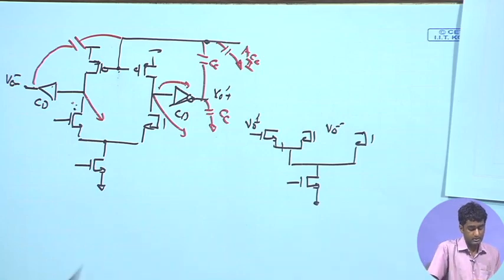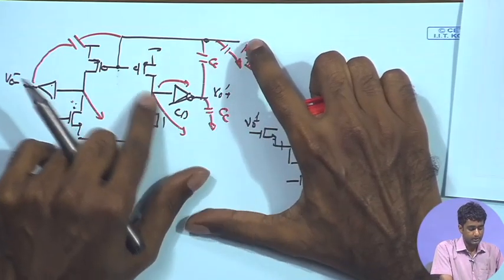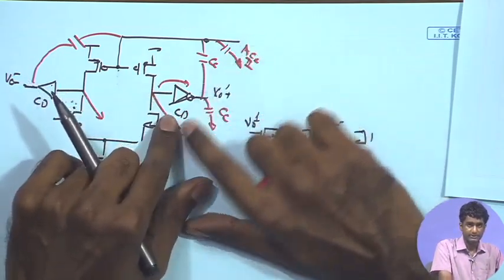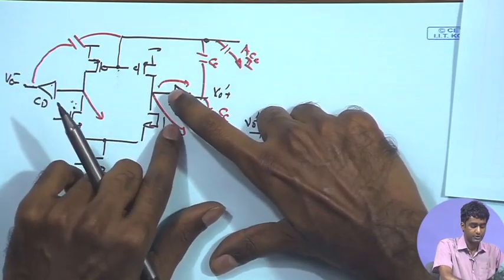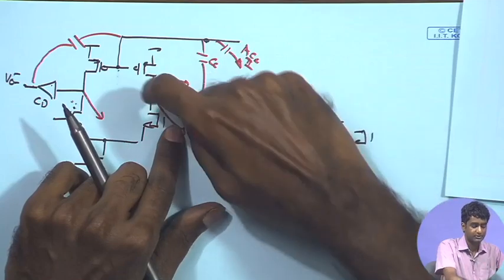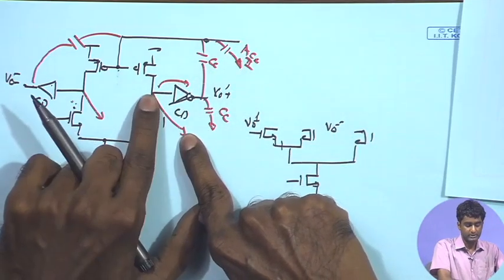And another benefit of doing this, if you see this node, the capacitance is now independent of Cc. So, you have some parasitic capacitance over here which is present because of the transistors, or maybe some additional capacitance that you may have added for the differential mode, that is independent of Cc.